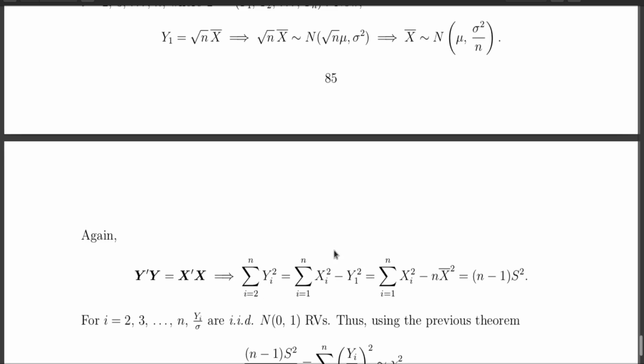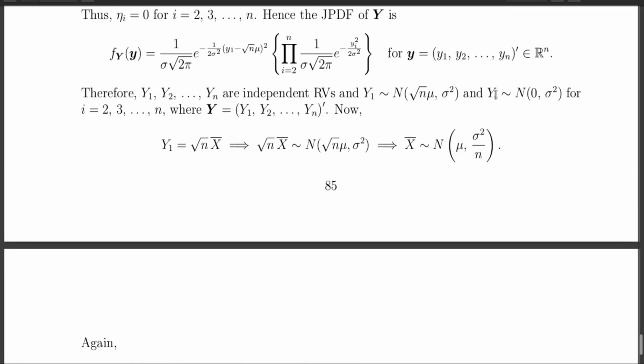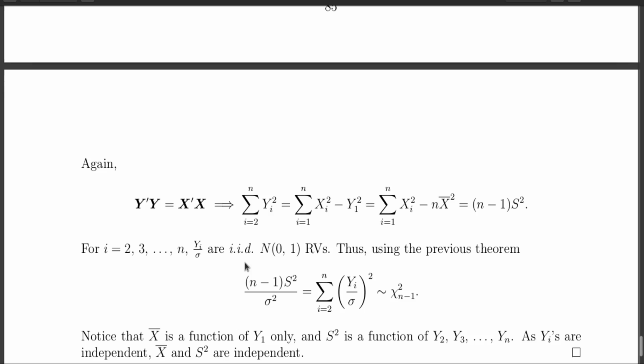What is the distribution of yi? The distribution of yi is normal 0 sigma square. They are independent and IID. For i equals 2 to n, the yi are IID normal 0 sigma square. So yi by sigma will follow normal 0 1 for all i equals 2 to n. So yi by sigma are IID standard normal random variables. That means n minus 1 times s square divided by sigma square, which is the summation for i equals 2 to n of (yi by sigma) whole square, is a sum of squares of standard normal random variables.